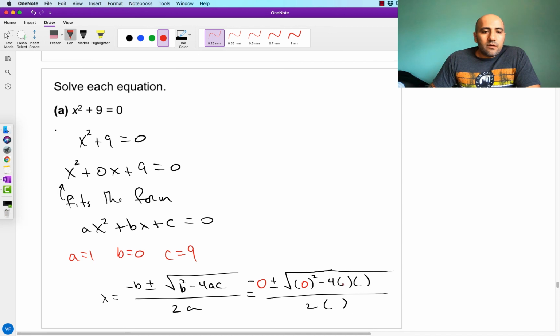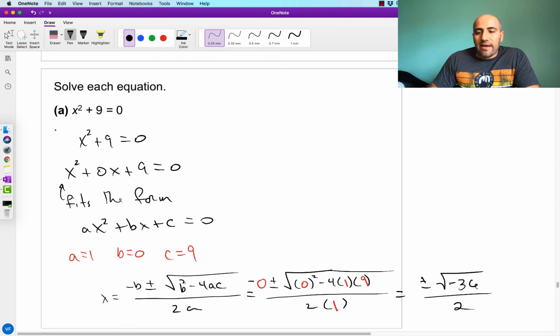So b was a 0, a is a 1, c is a 9, and then 2 times 1. Okay, so then we can simplify this whole process. Negative 0 is just 0, so we end up with plus or minus the square root of 0 squared is 0, minus 36, and the whole thing gets divided by 2.